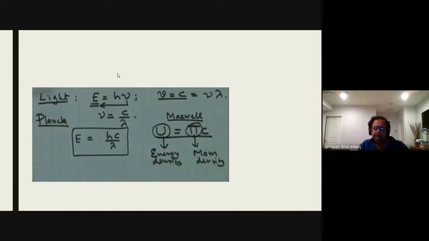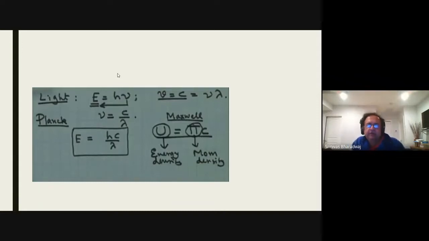Now, in the case of the electron, post de Broglie, he said that h by p is also lambda. What is p? p is the mass times the velocity of the electron.